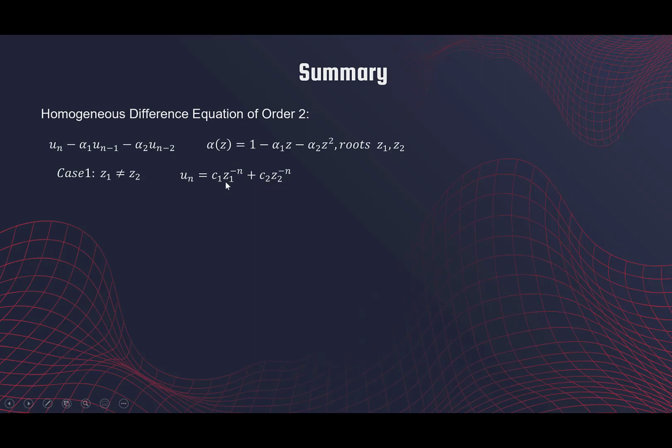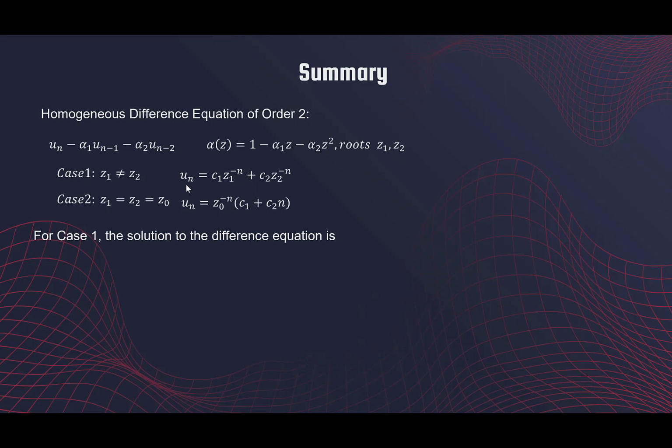Also, we use the quadratic formula to find what Z1 and Z2 are, right? So we have all of these numbers basically, so we can actually find out what Un is. So in case 2, the two roots are the same, and the solution is given as this.